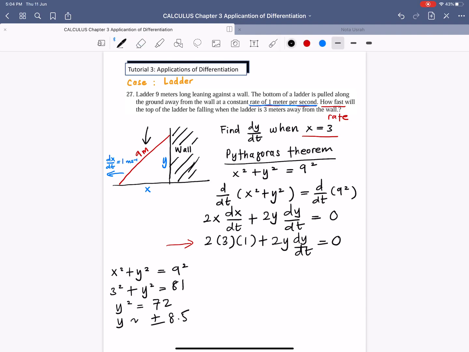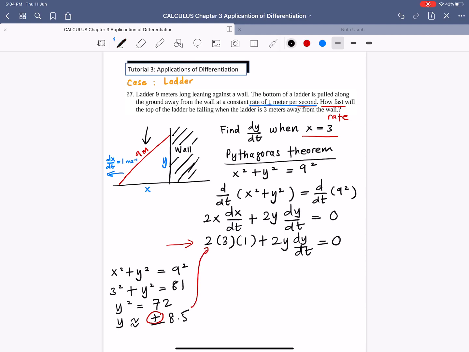This is approximately plus minus 8.5. But then what we have to do next. Okay, now we have y, and in this case we just take the positive value because y shouldn't be a negative value. So we will substitute y equals 8.5 into here.